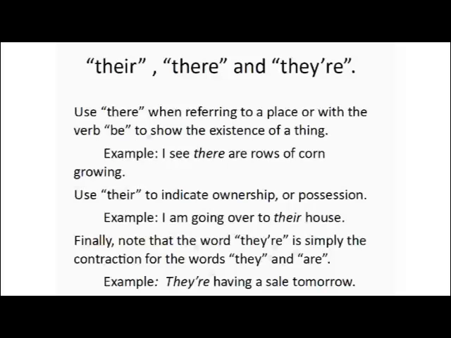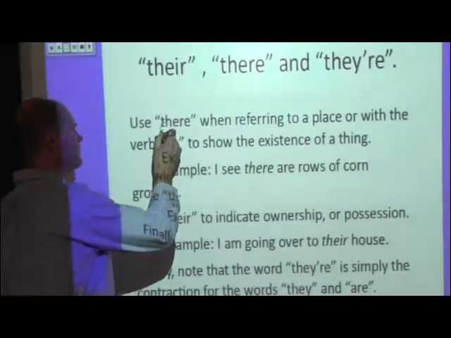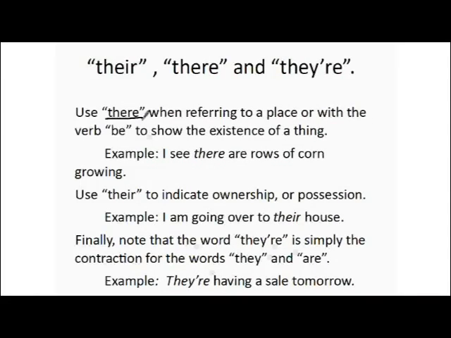Okay, another way that pronouns in their cases are used, and sometimes it's confusing, and the ACT is going to want to test your knowledge of, is the use of there, their, and they're, the apostrophe. You're going to use there, T-H-E-R-E, when referring to a place, or with the verb be to show the existence of a thing.